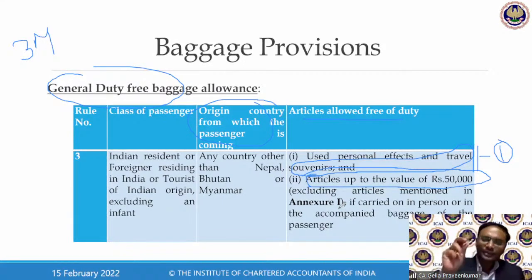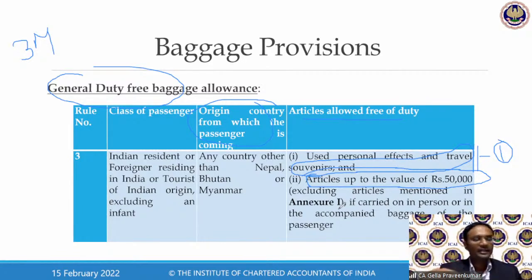These are souvenirs which are not personal effects, but will be allowed free of cost, with no value attached. Articles up to a value of rupees 50,000, excluding the articles mentioned in Annexure 1. So whatever is permitted in Annexure 1, I can bring, and in addition to that, up to rupees 50,000.